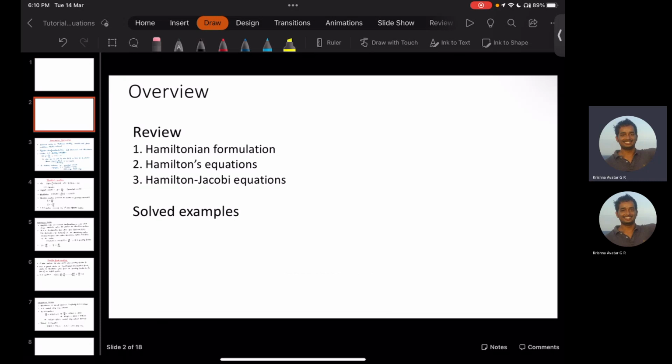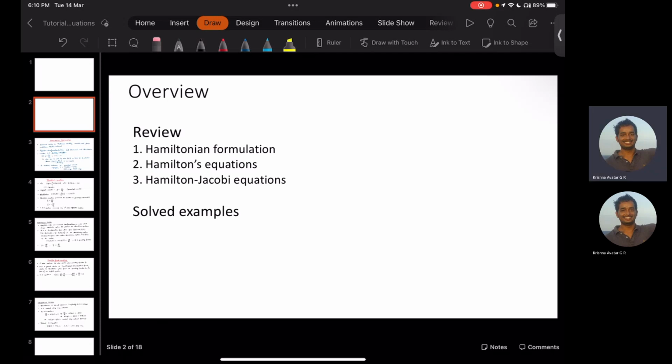Let me first present, as usual, the overview of what we are going to discuss in today's tutorial session. We'll start with a brief review of what has been covered in week 7 of this course, and they include Hamiltonian formulation, Hamilton's equations, and Hamilton-Jacobi equations.